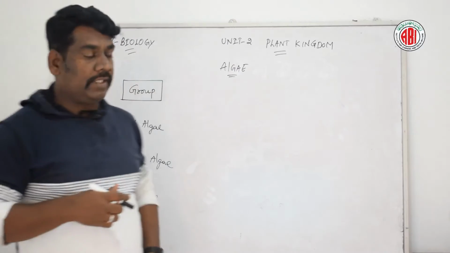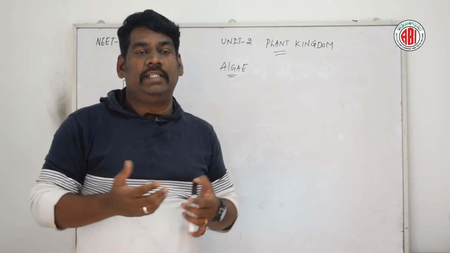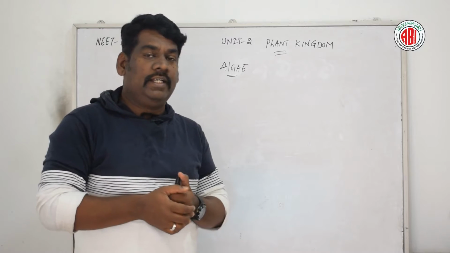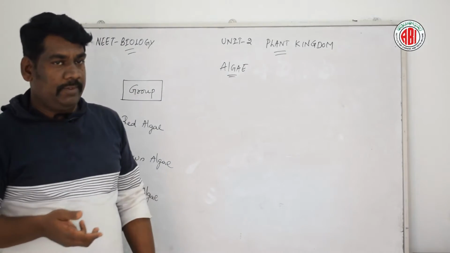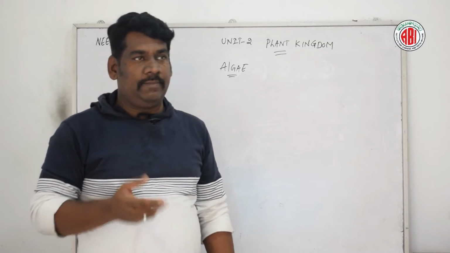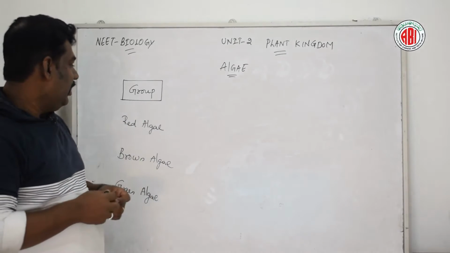Let's start. In the previous video, we discussed the characteristic features of algae under the category of the plant kingdom, and today we are going to discuss the different groups present in the category of algae.